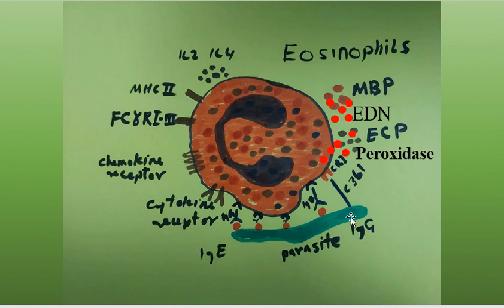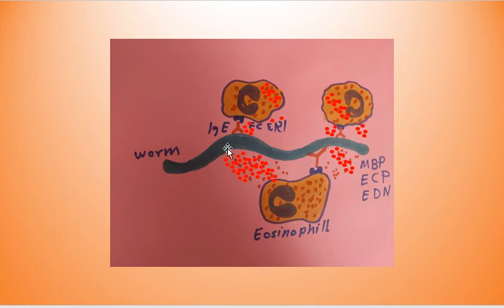And in case of parasites, worms or helminths, major basic protein and eosinophil cationic protein are responsible for killing of the parasites. This is very clear, as can be seen here. This is a worm, and these are the specific antibodies.